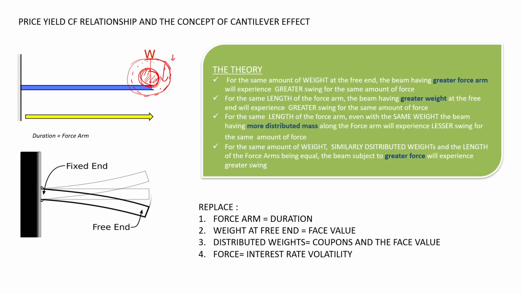The second derivation is that, mind you, I'm talking about very basic common science. There's no jargon, no theory, nothing I'm using. Suppose we are taking 2 beams side by side for comparison purposes, and at both ends we put similar weight balls. Okay, let's say both are 50 pounds.